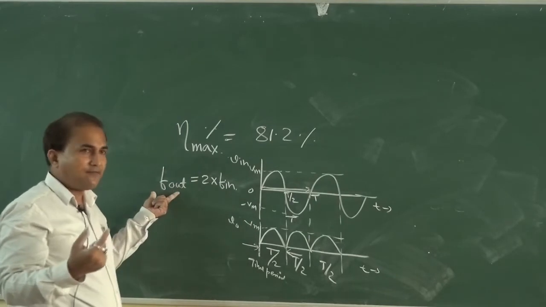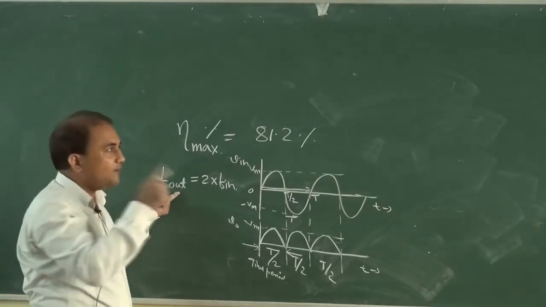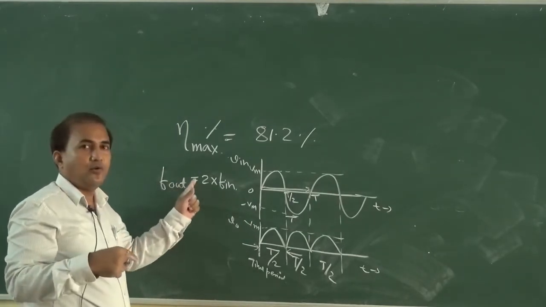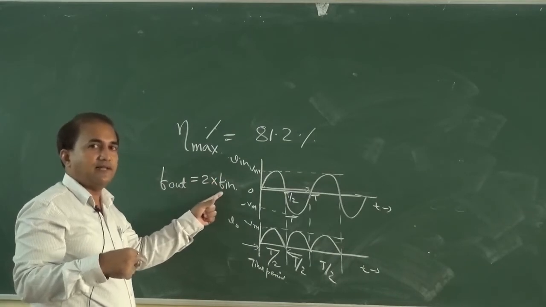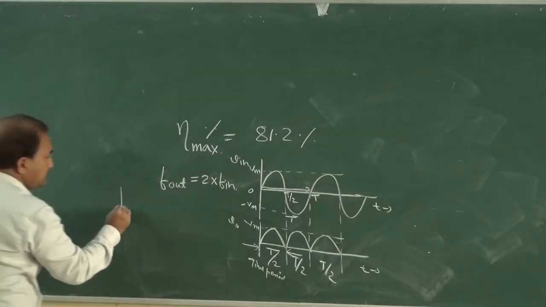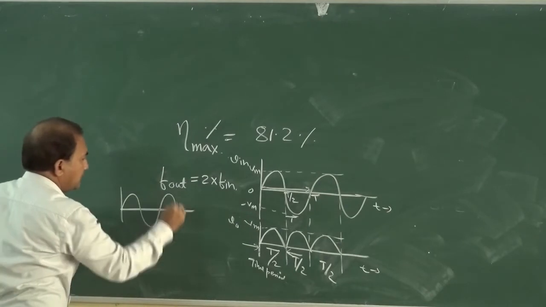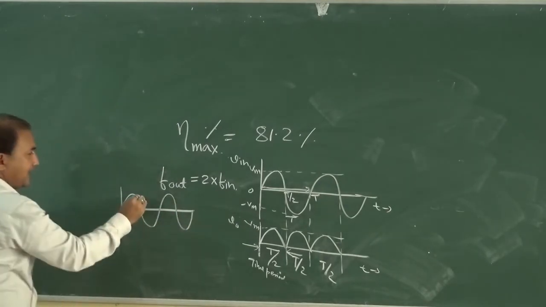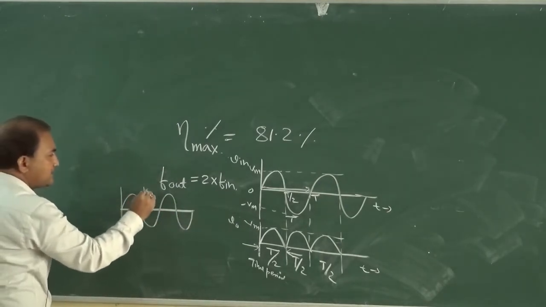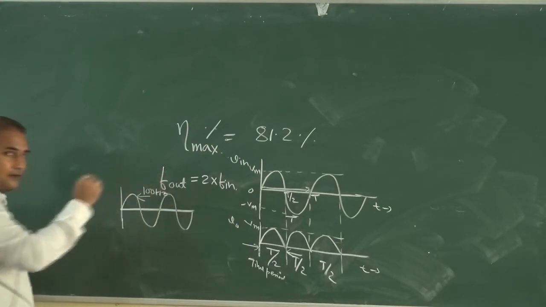So we can write F output of a full wave rectifier circuit is equal to 2 times the input frequency. Suppose the input signal has a frequency of say 100 Hz.